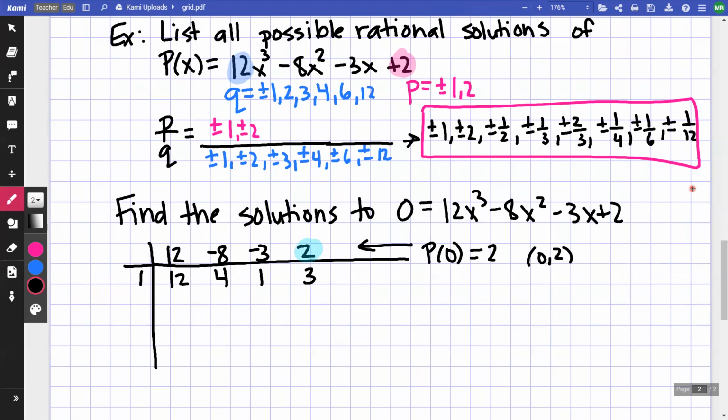Now, I also notice, and I'm going to talk about this with you guys, that when I use a positive number and I end up getting all non-negatives here, this situation right here is going to give me what we call an upper bound.